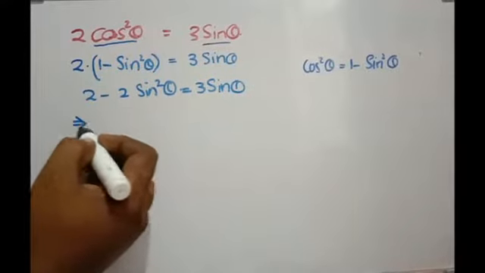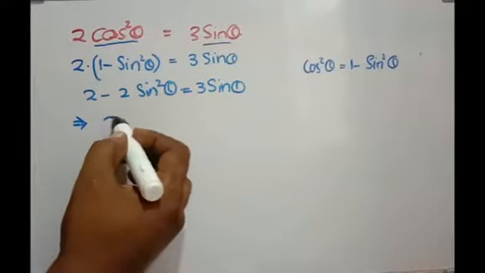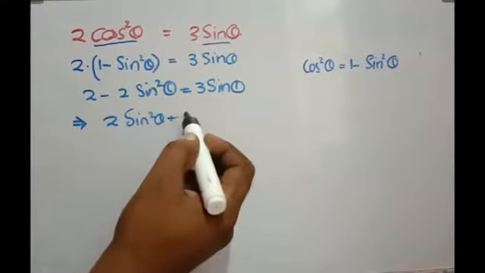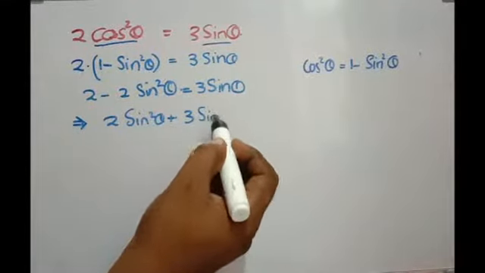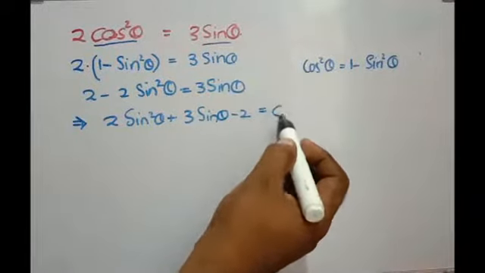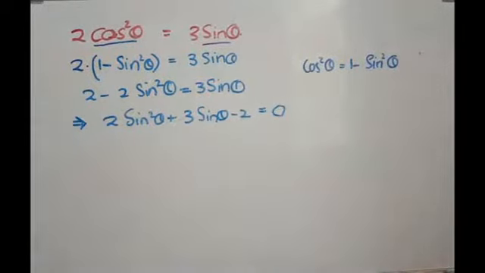When you arrange everything on one side, we get the equation 2 sine squared theta plus 3 sine theta minus 2 is equal to 0. As a quadratic equation, solve this equation, we get two values for sine theta.